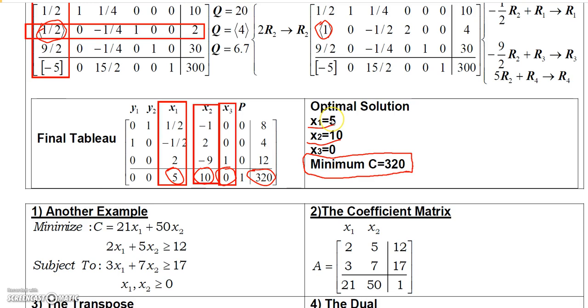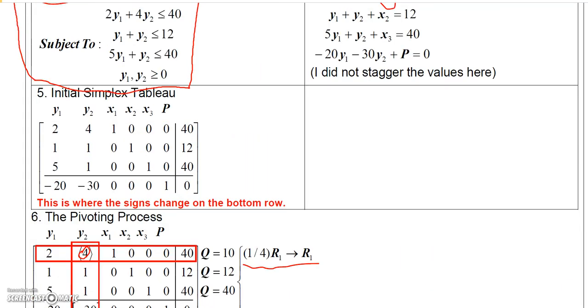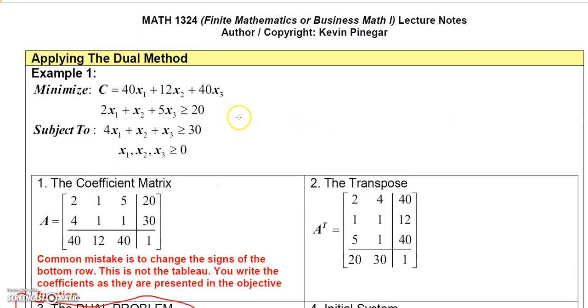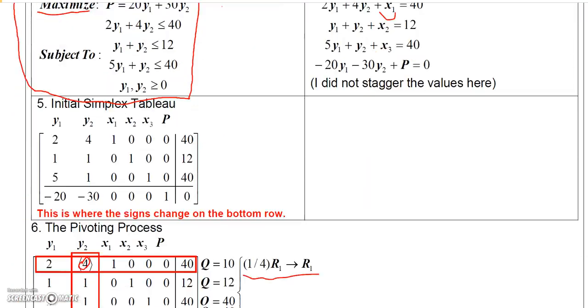So the solution would be x1 is 5, x2 is 10, x3 is 0, and the minimum is C equals 320. And remember, this is the solution to the original problem that we started with way up here. So that would be the solution to that problem.